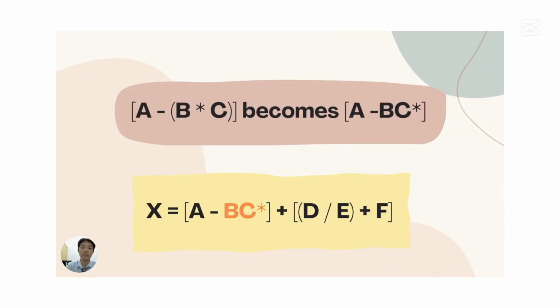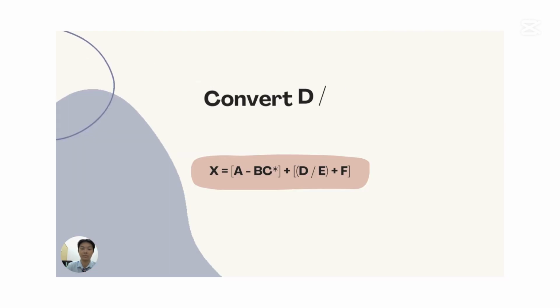It becomes bc multiply, and the parenthesis is removed. After this, we get the latest expression, which is x equals a minus bc multiply plus d divide e plus f.